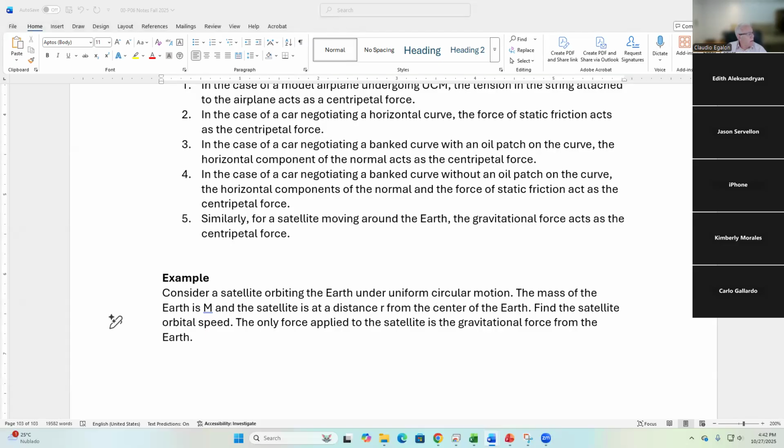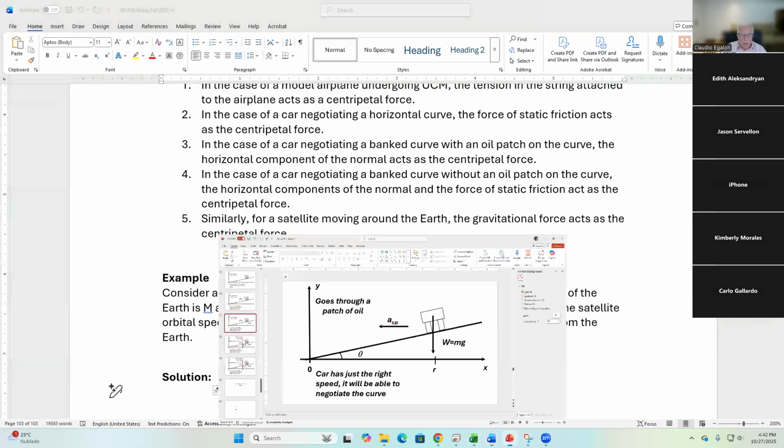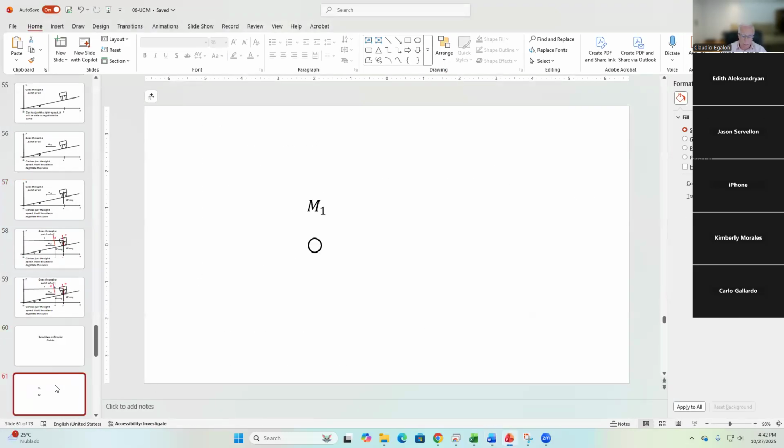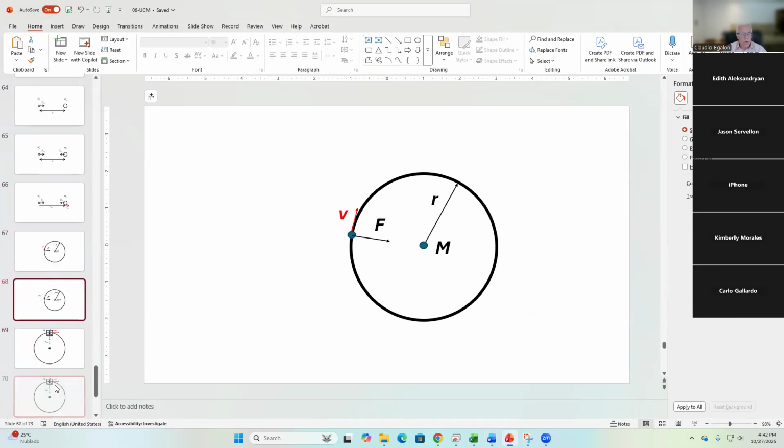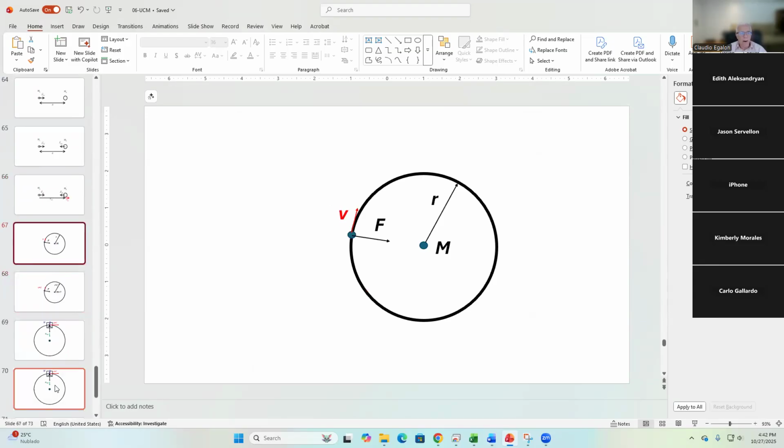So how does it go back to our drawing here? The situation is like that. What you see right in here is my free body diagram. There is only this force applied to the satellite. Only this force.